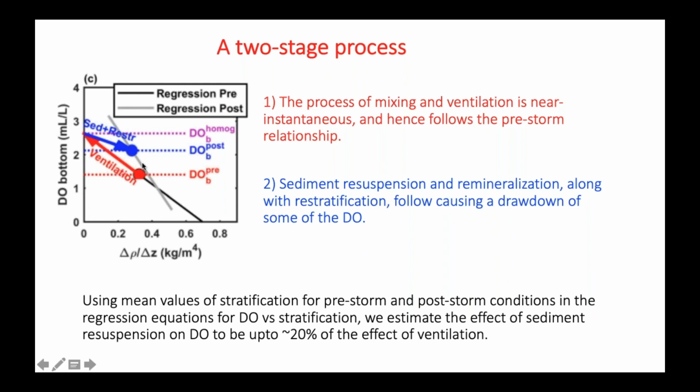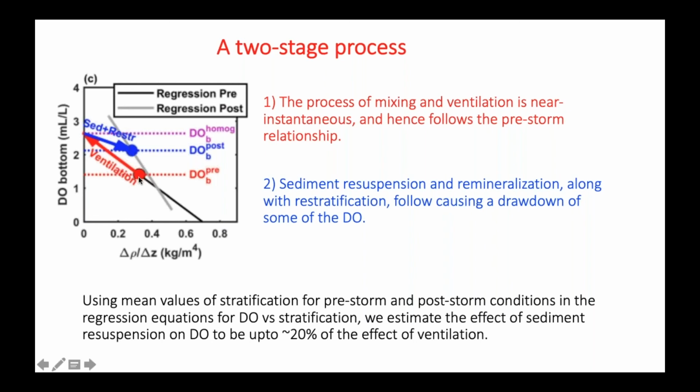If ventilation was the only process happening in the immediate aftermath of the storm, this is the DO you should expect in the period immediately after the storm. However, the DO that we actually find is lower than this, and this is the DO that is actually observed in the profiles.